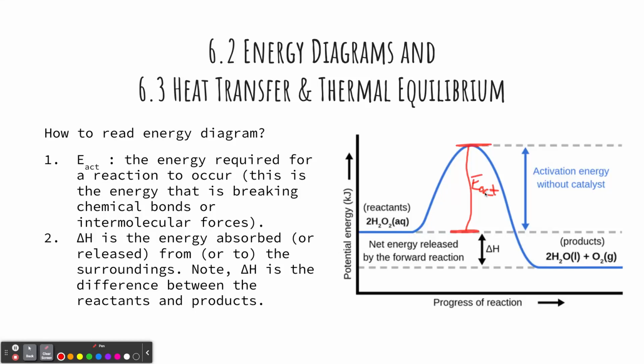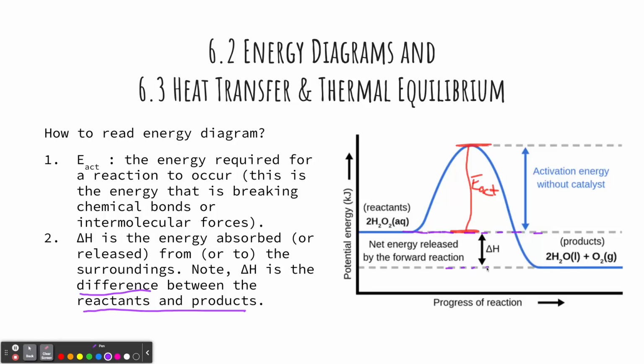Okay. Now, delta H is the energy that is absorbed or released from or to the surroundings. And it's simply the difference, guys, in energy between the reactants and products. So here's my energy of my reactants. It's in purple.